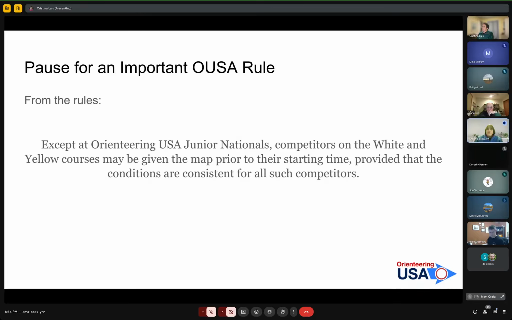But at a typical NRE, you have very few people on white and yellow, and the solution can sometimes be that people on white and yellow don't get pre-assigned start times, so they get to the start. They can look at it however long they want, and then when they're ready, they start. Yeah. And if you've got 6 people on white, that's going to work. You got 60 people on white, it's not going to work.